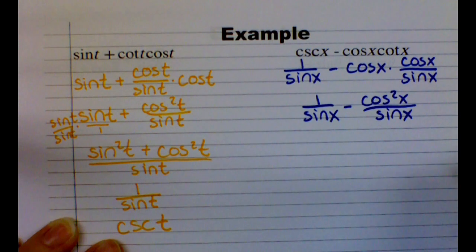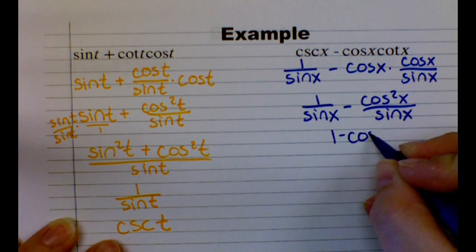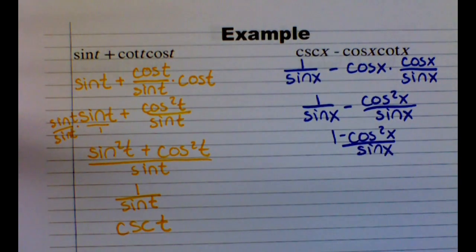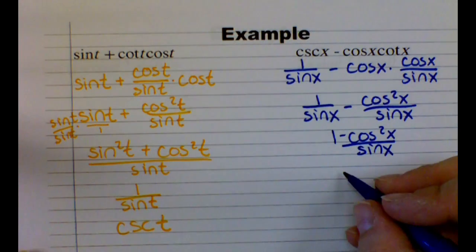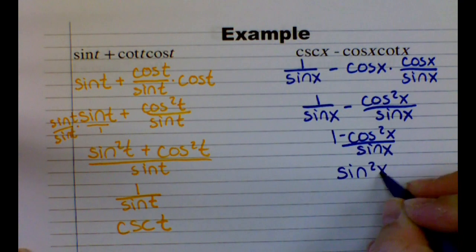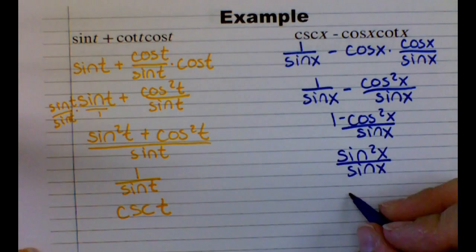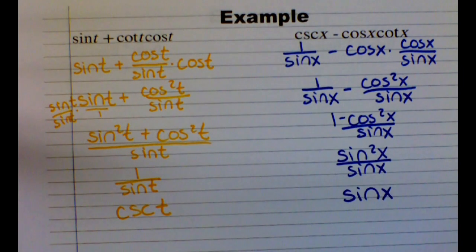And I can combine those into one fraction because they have the same denominator already. And 1 minus cosine squared is a version of my Pythagorean identity to give me sine squared of x. And sine squared of x over sine of x is just sine of x. And there we have it.